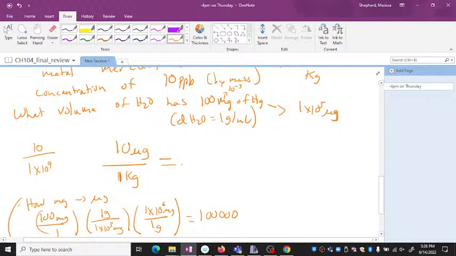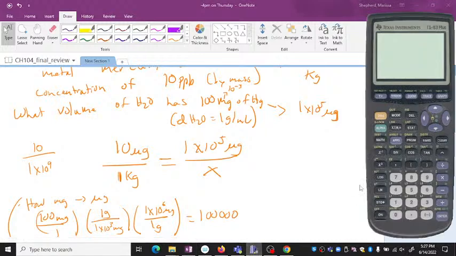And so I think the easiest thing to do would then just be to set up a proportion. So now we have 10 micrograms over 1 kilogram is equal to 1 times 10 to the 5th micrograms over x. So then we have to solve for kilograms. So 1 times 10 to the 5th, and then times 1.